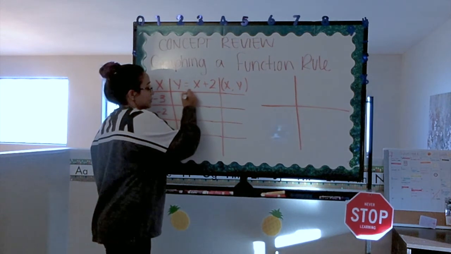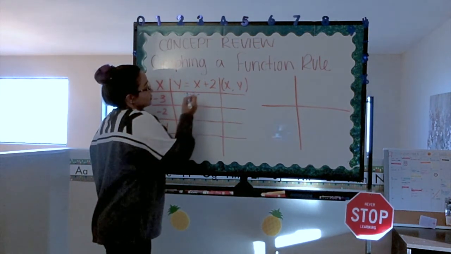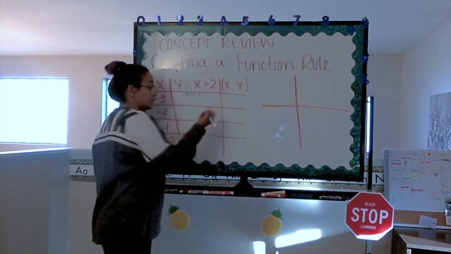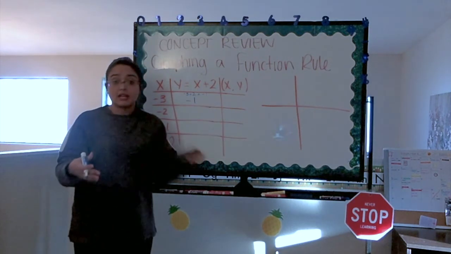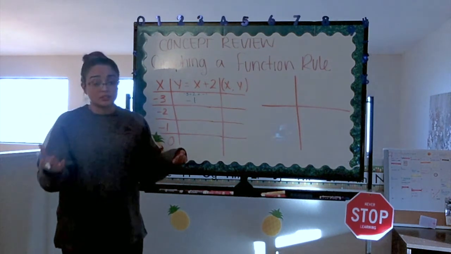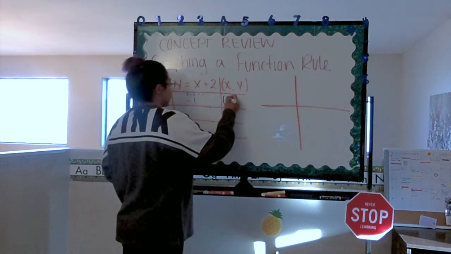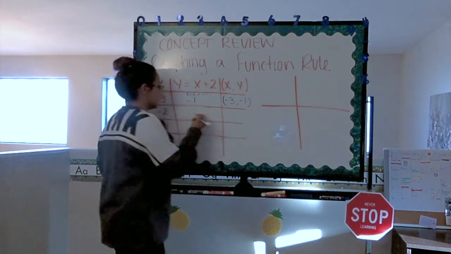So -3 plus 2 equals our value for y, which in this case is going to be -1, because we're adding a negative and a positive and the larger number is a negative, therefore our answer will be a negative. So our values for x and y are going to be -3 and -1 for this first one.